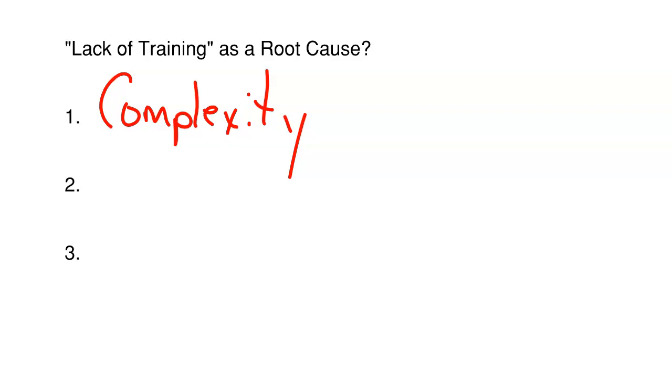I will then ask the team, help me to understand then, if we do train them, why is the process so complex that we need to train them to be the wise and delicate geniuses that have to perform this activity? Why is the process so complex that we need all of this extra training?